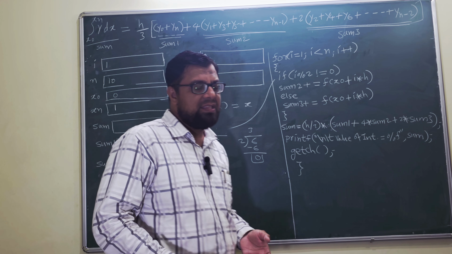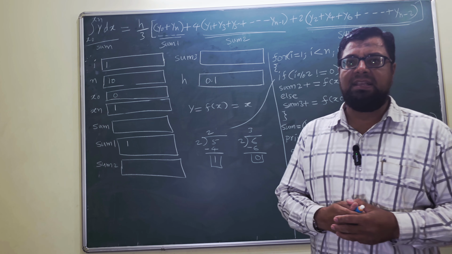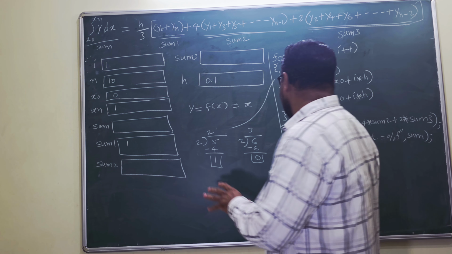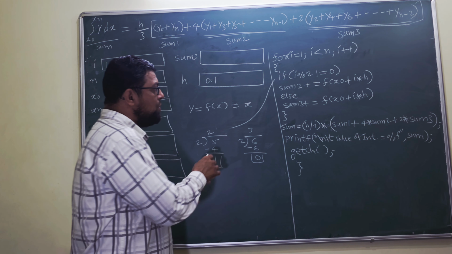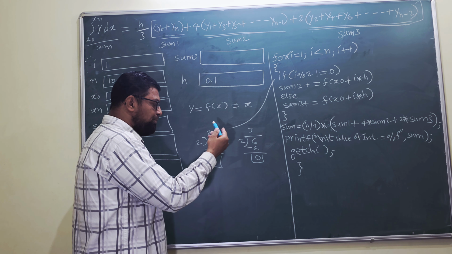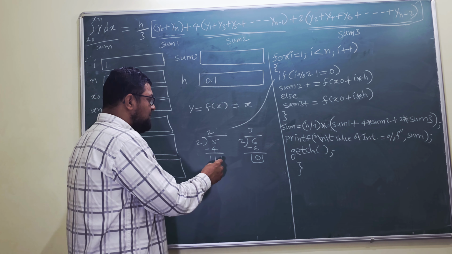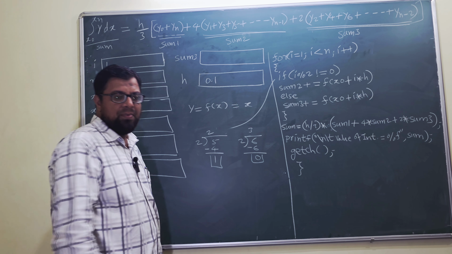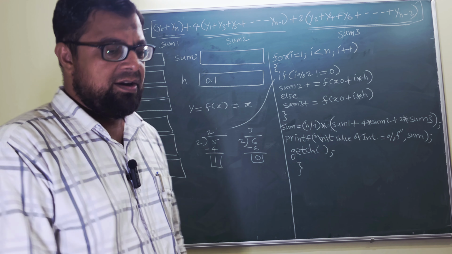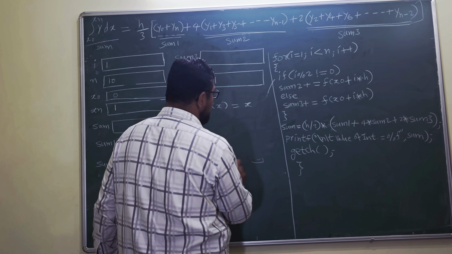On the other hand, when the remainder is equal to 1, then the number is an odd number. So depending upon whether the number is even or odd, the remainder will be 0 or 1. This is what we are doing here in the if statement.